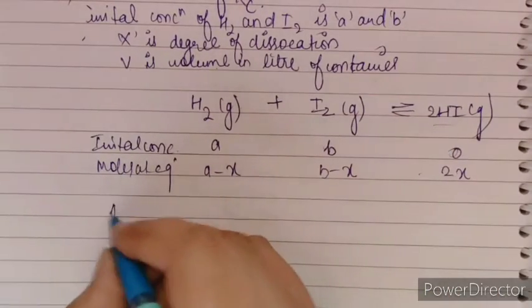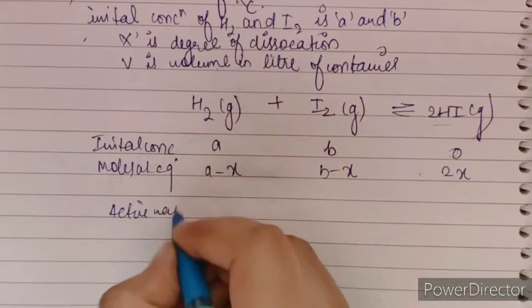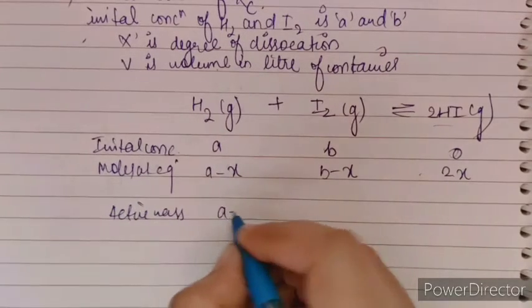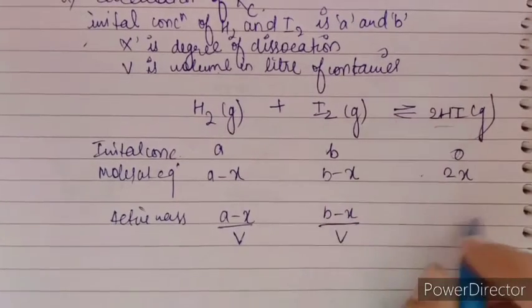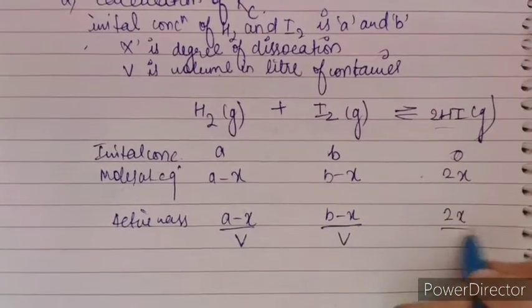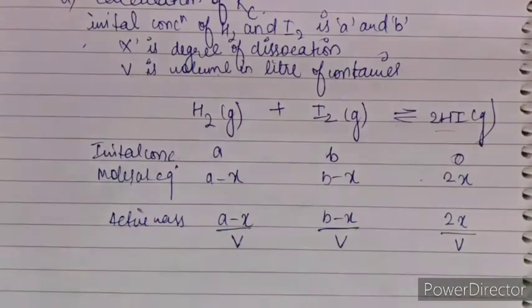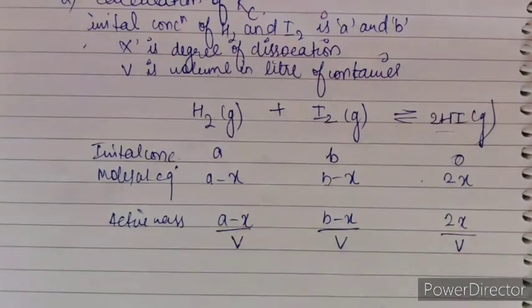Now active mass is A minus X by volume, B minus X by volume, and the last one is 2X by volume. So these are the reaction conditions.